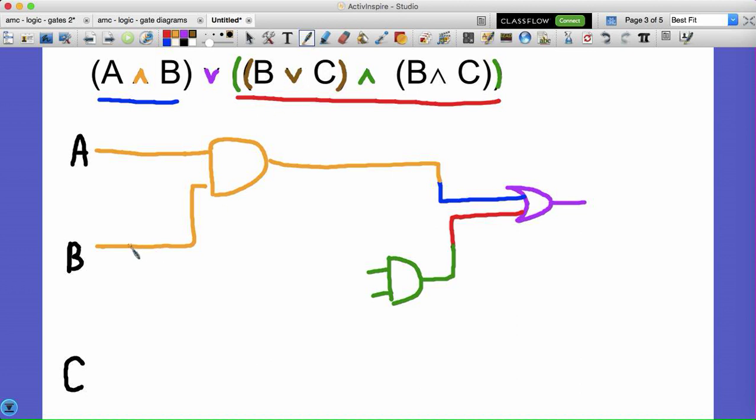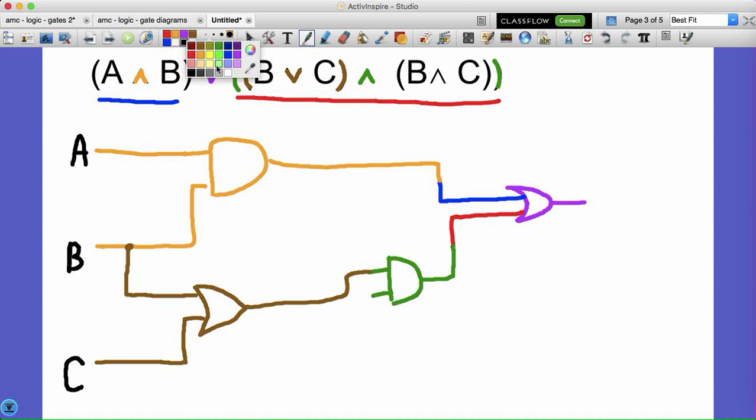So I'm going to tap the B line and bridge it and make it meet up with C for the first time in an OR gate. And the result of that OR is half of our AND statement here, so that's going to feed right into there. However, B is also being ANDed with C, so this is going to be a little bit tricky. Let's see.